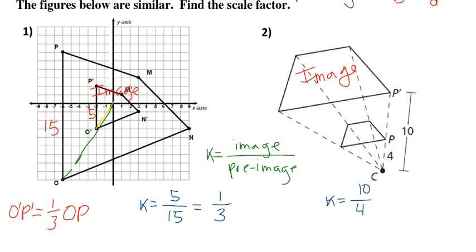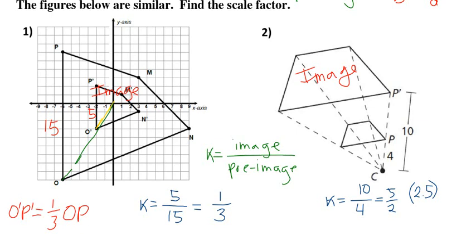And we can simplify this. This is 5/2, which is equivalent to 2.5. And we could also review from the dilations: if the scale factor is bigger than 1, we have an enlargement.